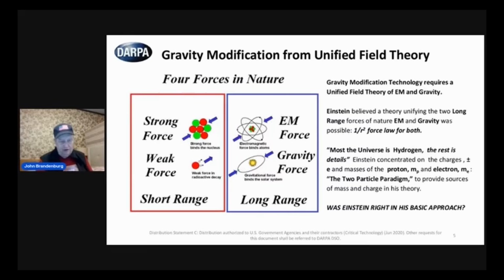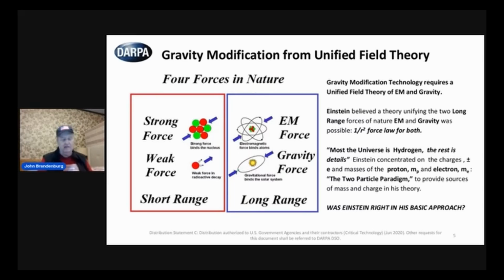Then we have the weak force that also works together, and those are short range. Their realm of action is about the size of a subatomic particle. Then we have the two long range forces in the universe, the electromagnetic force and the gravity force. They go all the way across the universe.